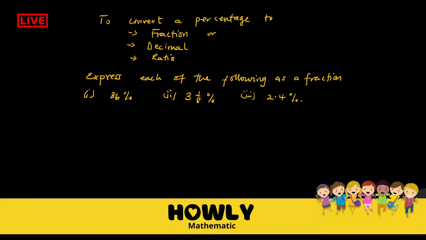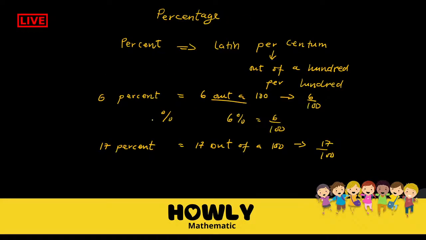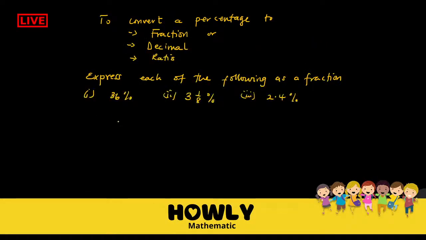And we're going to look at how to solve it. From our previous work, the same principle we are going to be applying. So if we have this, it becomes 36 over 100.